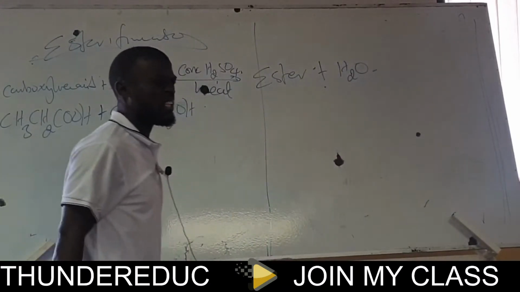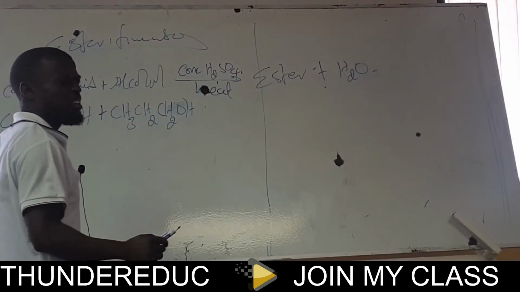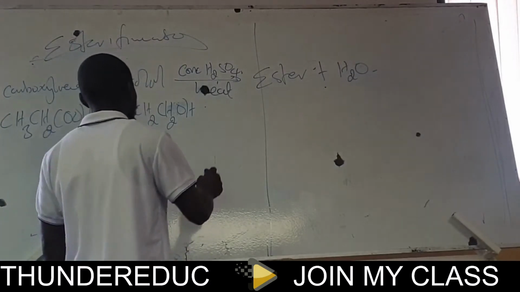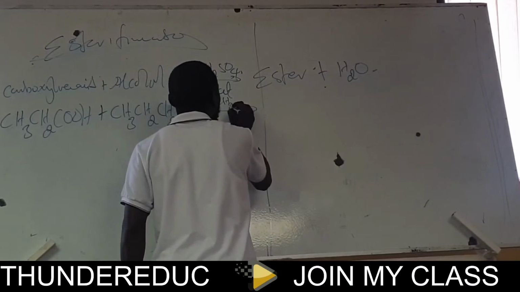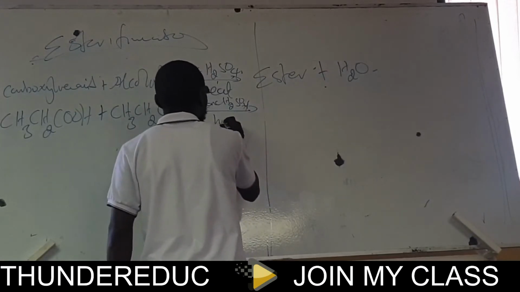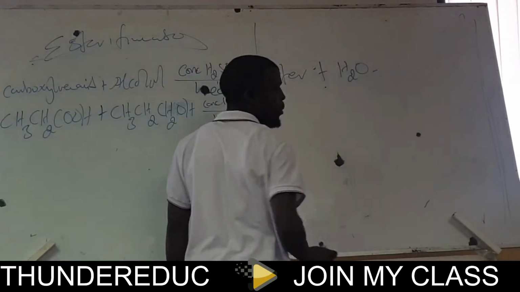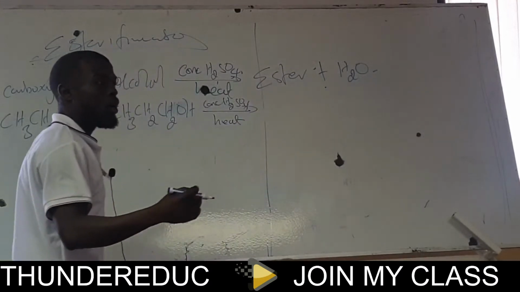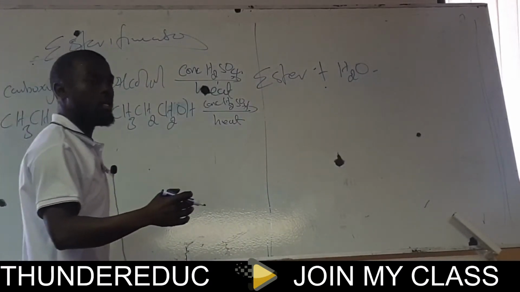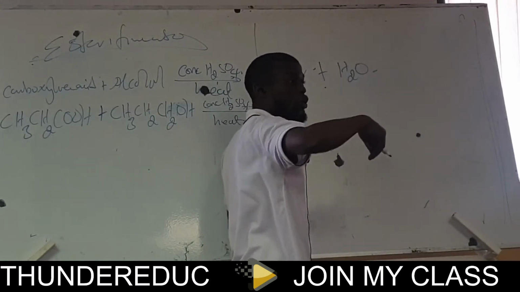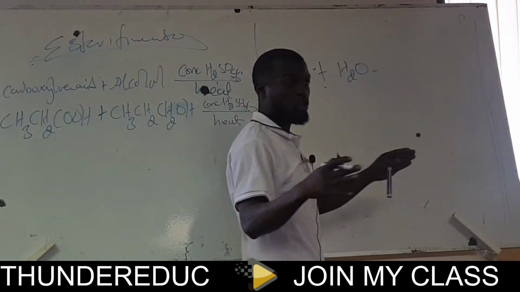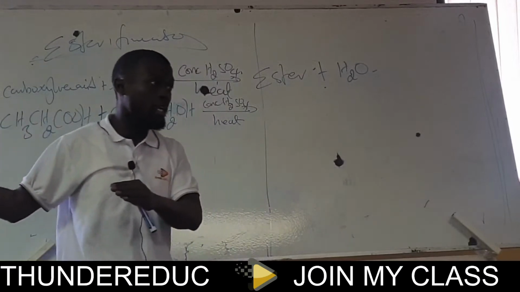Not that difficult things. Do you know what question 9 is? In the presence of conc. sulfuric acid, and then we heat. Remember, you know what we do? We pour it. You remember during the process of esterification? Yes, when we are in the lab.